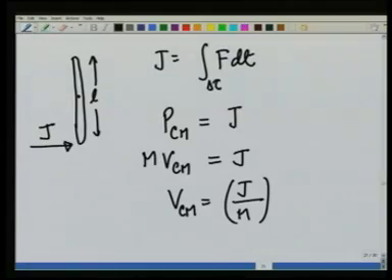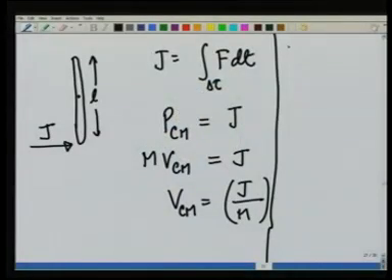How about the omega that it obtains? As we have already seen, I can safely write that the angular momentum it obtains about the center of mass should be equal to the torque impulse that it gains about the center of mass, and that will be J L over 2.